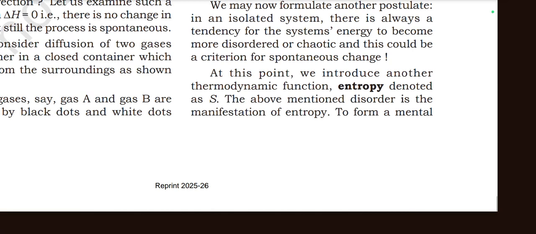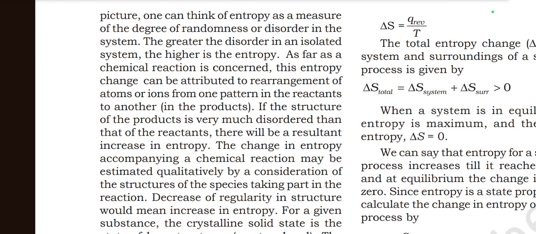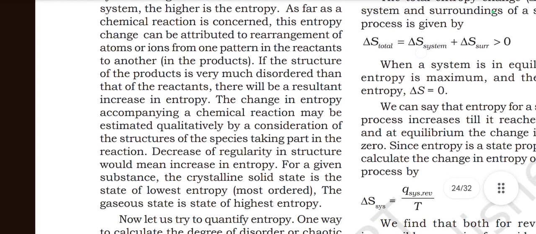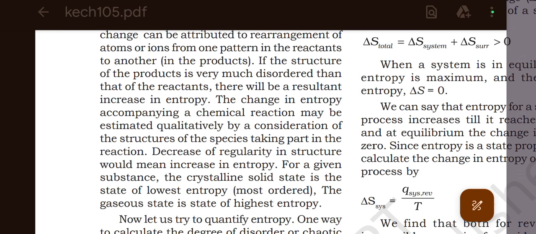To form a picture, one can think of entropy as a measure of the degree of randomness or disorder in the system. The greater the disorder in an isolated system, the higher is the entropy. As far as the chemical reaction is concerned, this entropy change can be attributed to the rearrangement of atoms or ions from one pattern in the reactants to another.